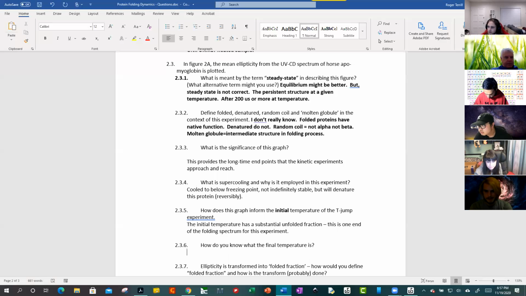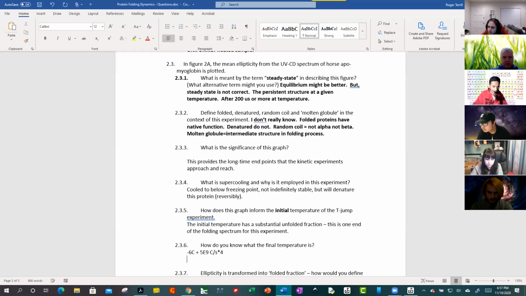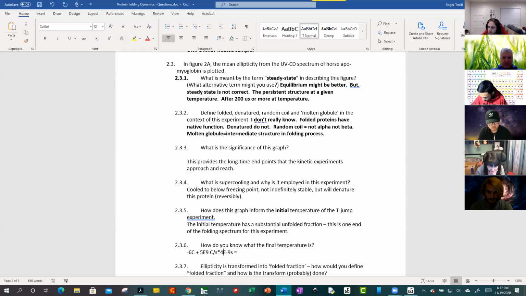This is -6 Celsius plus 5e9 Celsius per second times about 4e-9 seconds equals 5 or 21c.